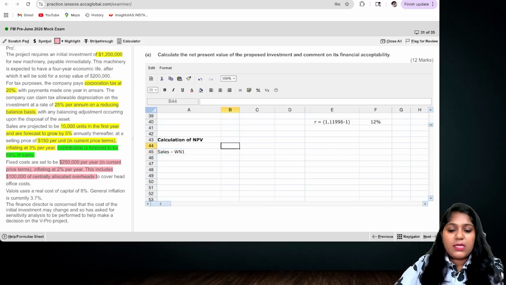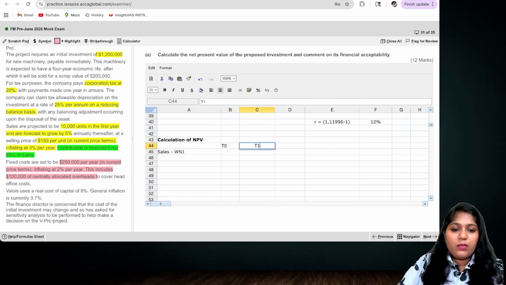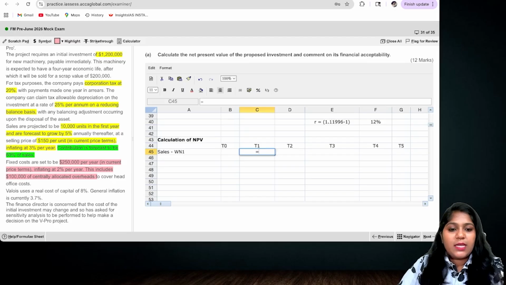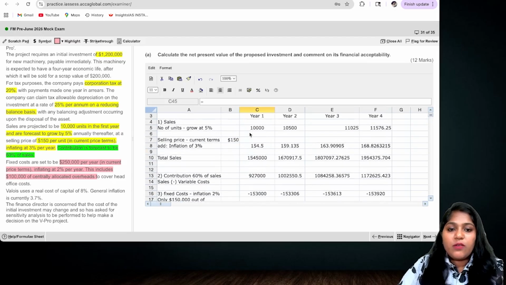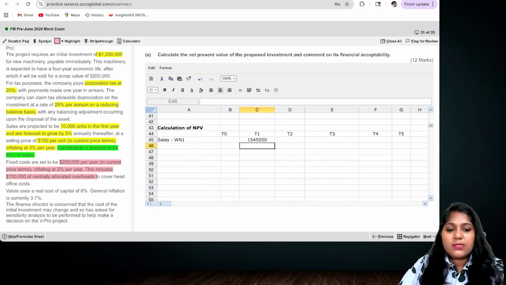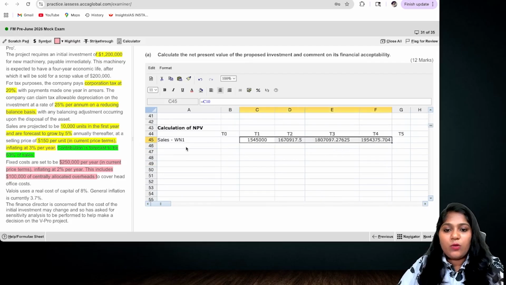So consider this as T0, T1, T2, T3, T4, and I need it till T5. So what is my sales that happens from T1? So give the reference. Don't waste your time. This is my sales. And drag it down. Just have to drag till T4. Job done. And in this, what will you do? You'll go ahead and less variable cost.